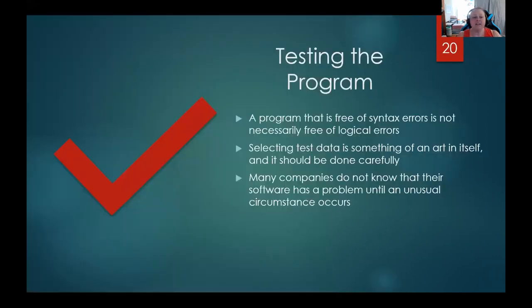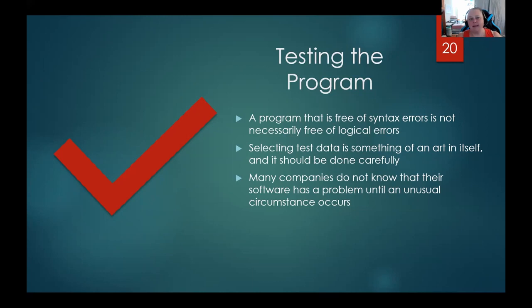Testing the program. Once it's free of errors, it's not necessarily free of logical errors. Remember, syntax errors and logical errors are completely different. So you have to be able to select a test data set. That's an art in itself sometimes, just figuring out what to use for a test. Many of these programs are not going to realize that they have an error until they encounter some of those outliers.